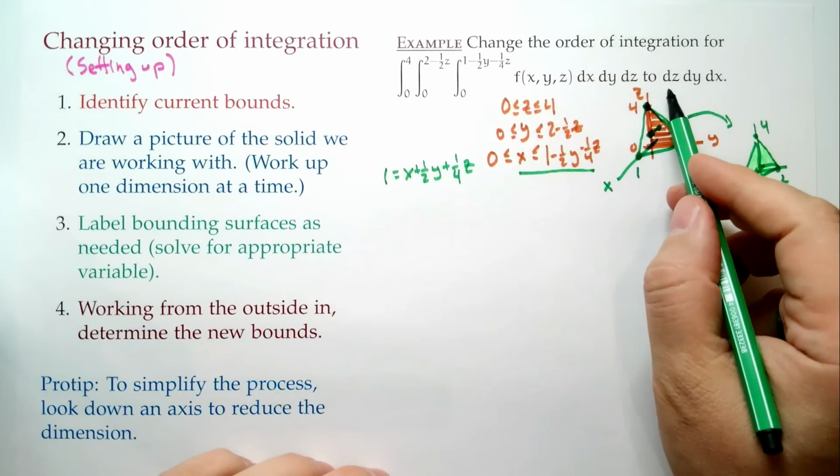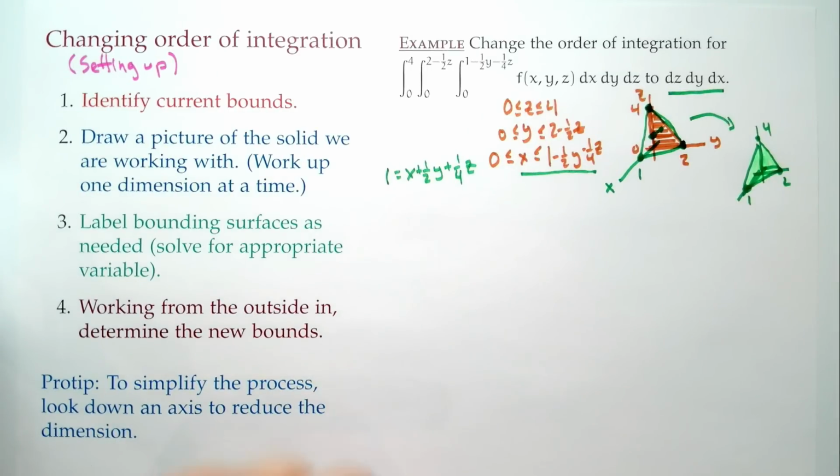So let's talk about the order we want to end up with. dz, dy, dx. So when I look at the order I want to end up with, I say, okay, dz, dy, dx, the last thing I'm going to figure out is the z, because I'm going to set the bounds from the outside in. So I'm going to start with the x, because that's on the outside, then the y, and then the z.